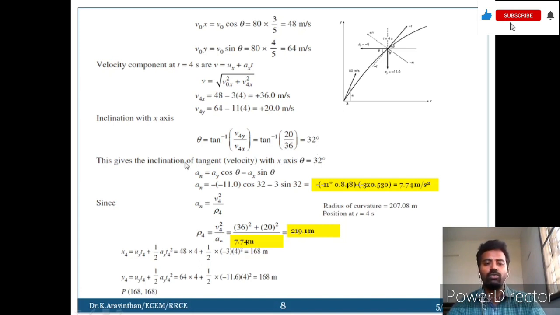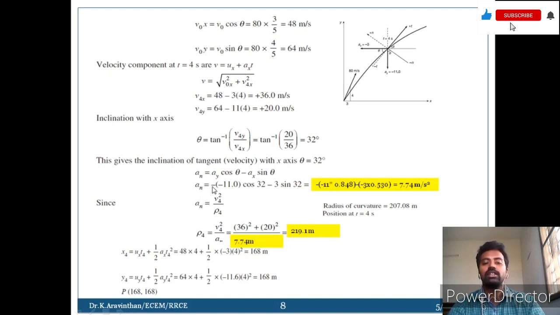Here, in order to find the normal acceleration, we have a formula of ay cos theta minus ax sin theta. So we are having ay as minus 11 and ax as minus 3. Hence the component values are indicated here. Also there is a minus here.